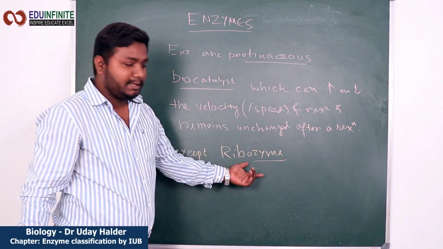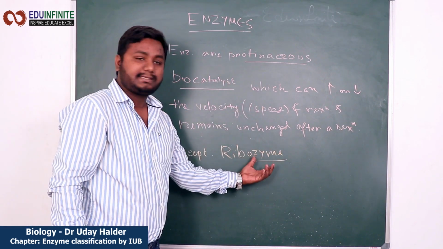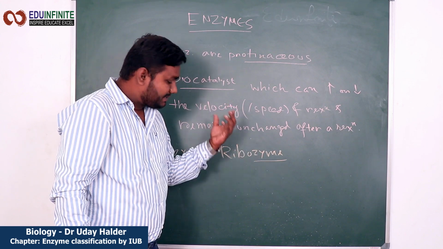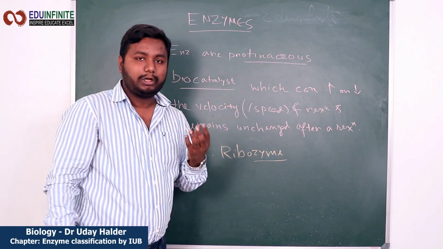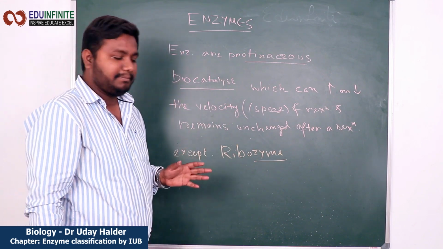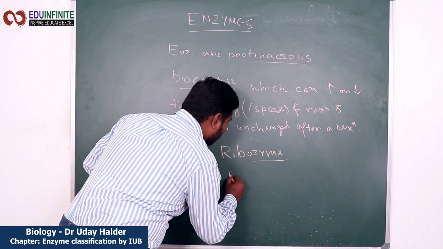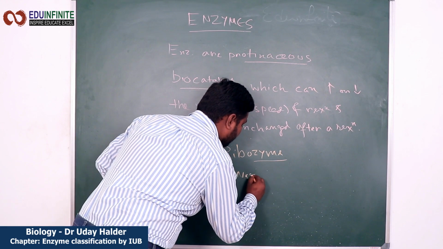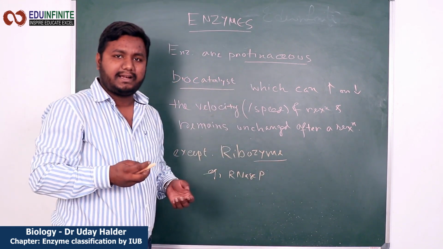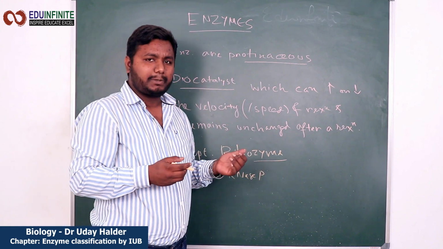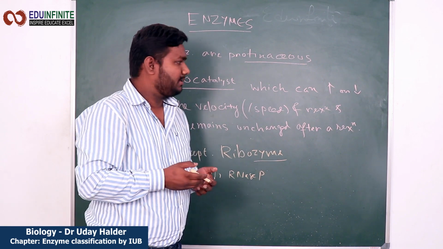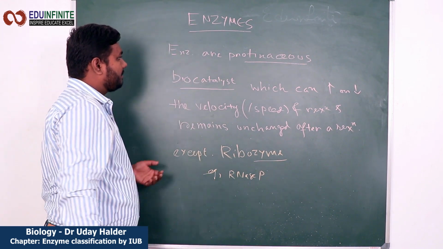You see the word is ending with the suffix zyme, meaning that it's an enzyme. So an RNA molecule acting as an enzyme is called ribozyme. We have many examples like RNA peptidyl transferase. You will see this kind of enzyme during protein translation. So we'll come back to the original topic.